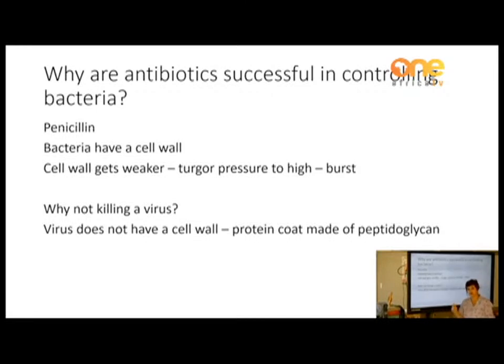Why not killing a virus? Oh yes, we know. A virus does not have a cell wall. A virus has only a protein coat. And therefore, the antibiotics that can kill bacteria cannot destroy a virus.